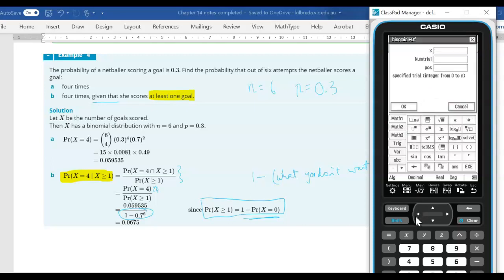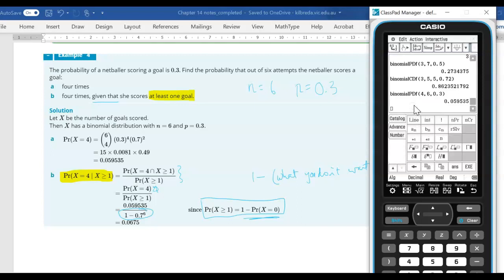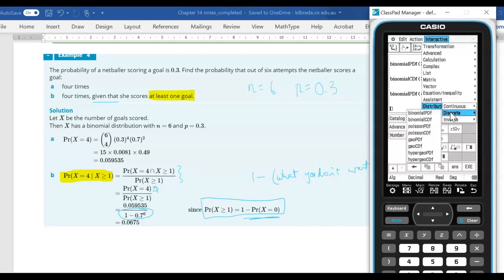Okay, so x is equal to 4. And number of trials, how many times did she go for goal? 6. And 0.3 for probability of success. Okay, so we've got that. I'm just going to leave it there. Now don't go rounding until the very end.